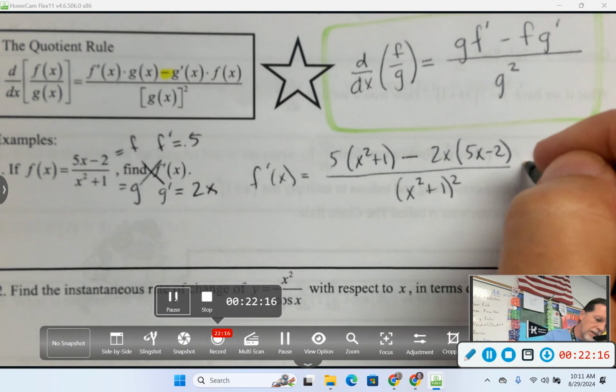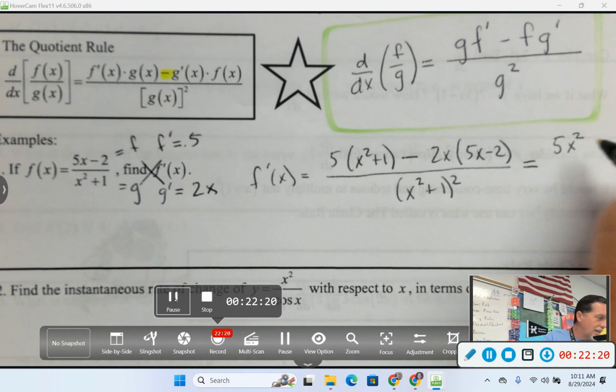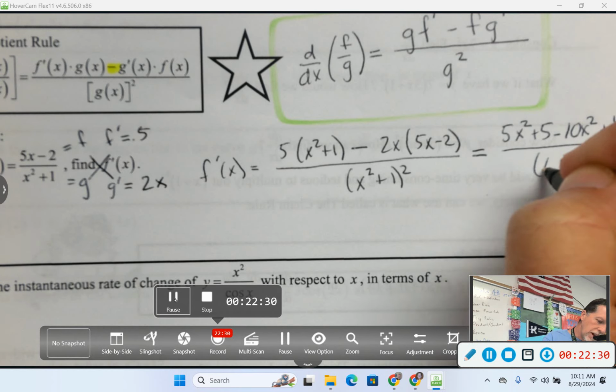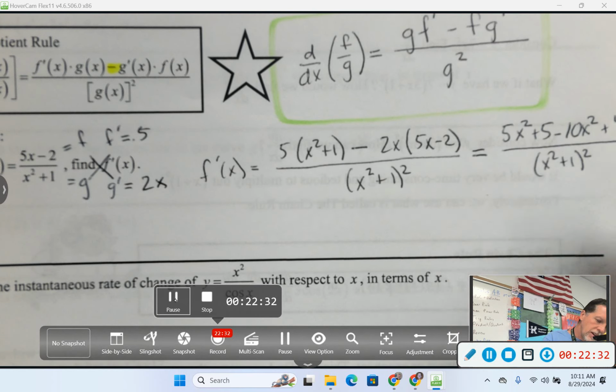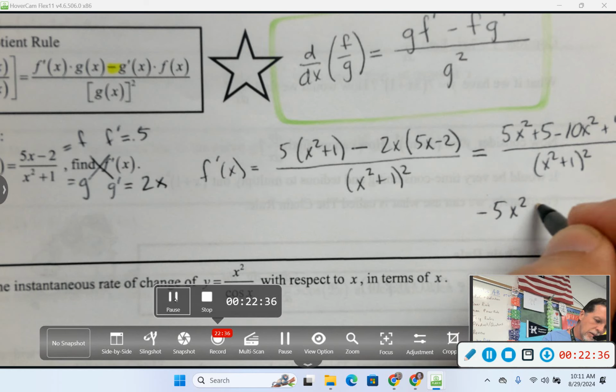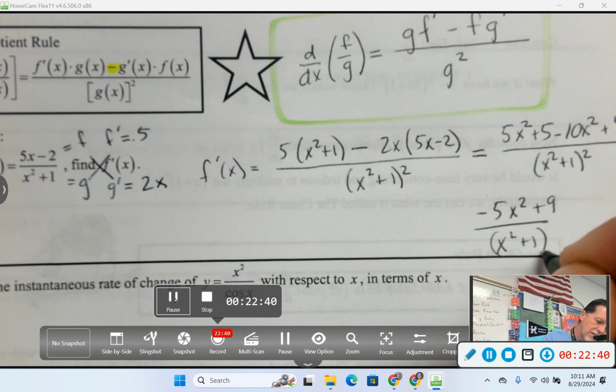Let's work on our algebra here, because 5x squared plus 5 minus 10x squared plus 4 all over the denominator. So negative 5x squared plus 9 over x squared plus 1 squared.